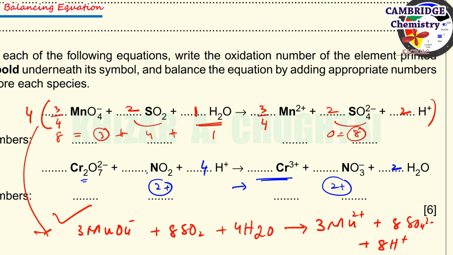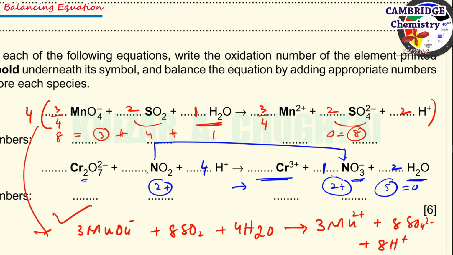Now I'm going to balance the nitrogen and oxygen atom. Balancing the nitrogen atom is not very much difficult, because both sides will have the same coefficient for the nitrogen. Now the basic problem is to balance the oxygen atom on both sides. 2 plus, let's suppose there is a 1, 2, 3 ones are 3 plus 2, 5 oxygen atoms are there. I'm going to make the oxygen equal to 5 on the other side.